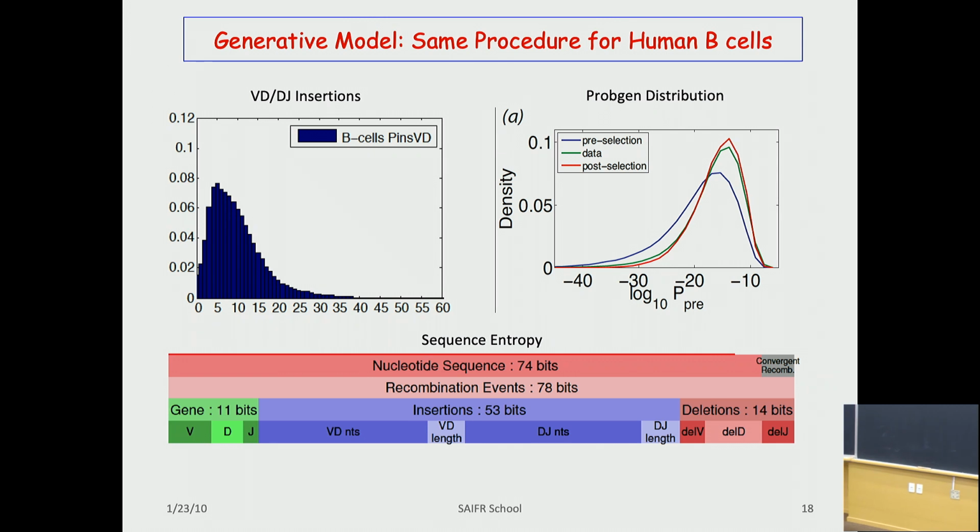If you look at where the entropy comes from, it turns out the entropy from gene choice and the entropy from deletions, if you go back and compare it with what you get for the T cells, are not much different. The big difference comes from just having much longer insertions.